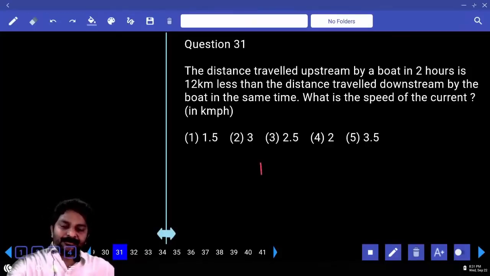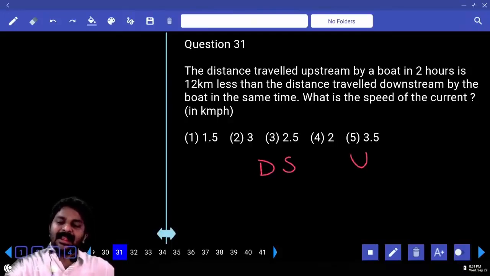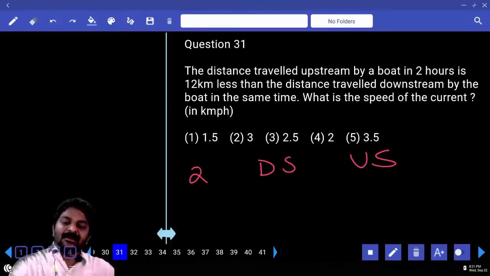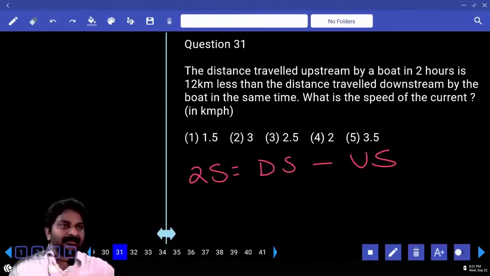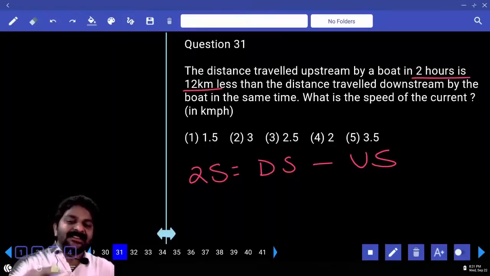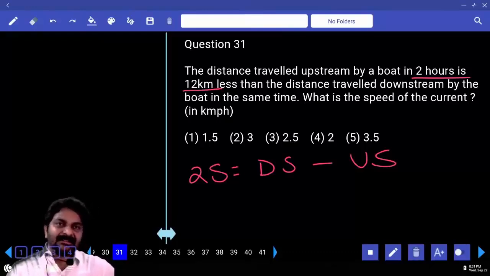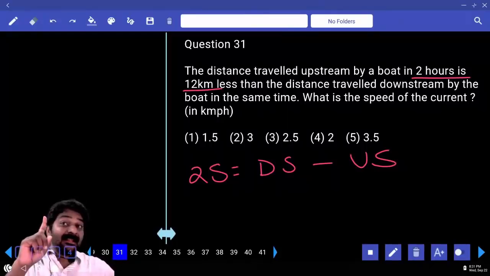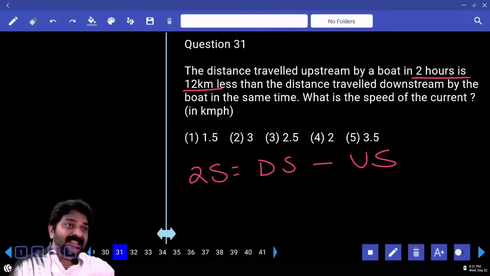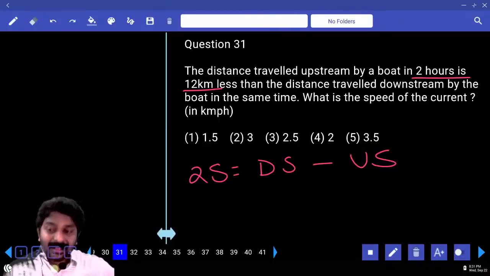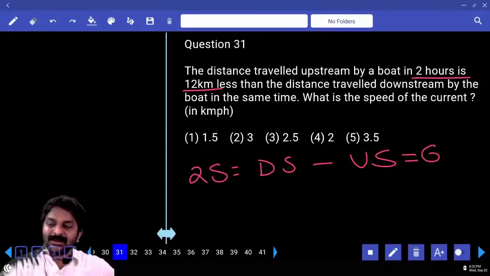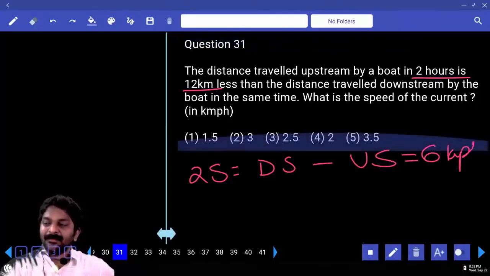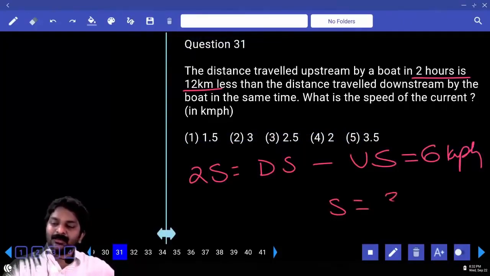The difference between downstream and upstream is equal to 2s only? Yes. So in 2 hours, how much is the distance difference? 12 kilometers. Then per hour? 6 kilometers per hour. That means 2s is equal to 6 kilometers per hour only. From that, s is equal to 3 kilometers per hour. Second option, final answer.